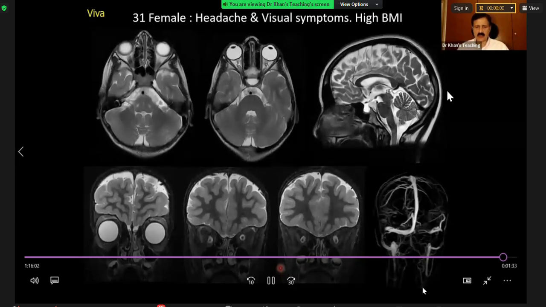Let me describe the findings. So what happens in idiopathic intracranial hypertension? There is more CSF than there should be. So there is prominence of CSF spaces. This entity was also known as pseudotumor cerebri previously. Now we don't use that word.